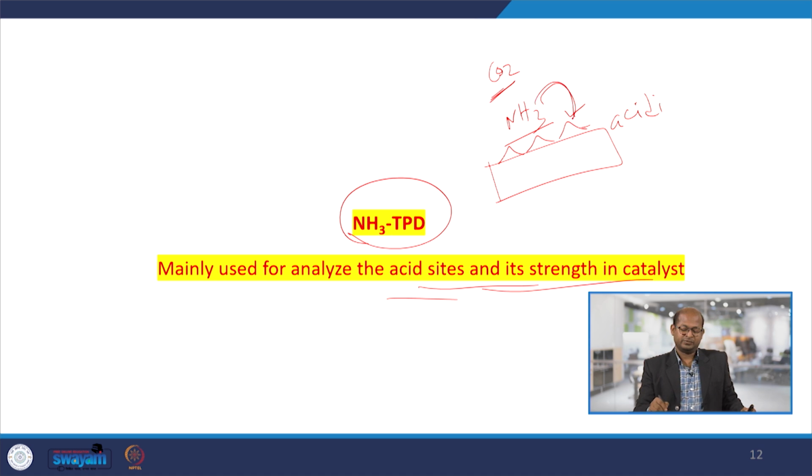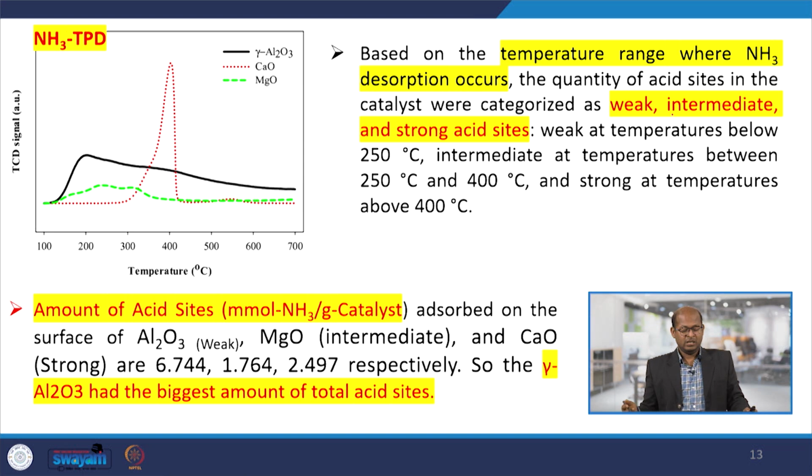Similarly, after adsorption, if we desorb, ammonia will come out from the surface of the catalyst. If we are able to quantify how much ammonia was adsorbed over the surface of the catalyst, then we can easily say what the acidic nature of the catalyst is and how many sites are available.